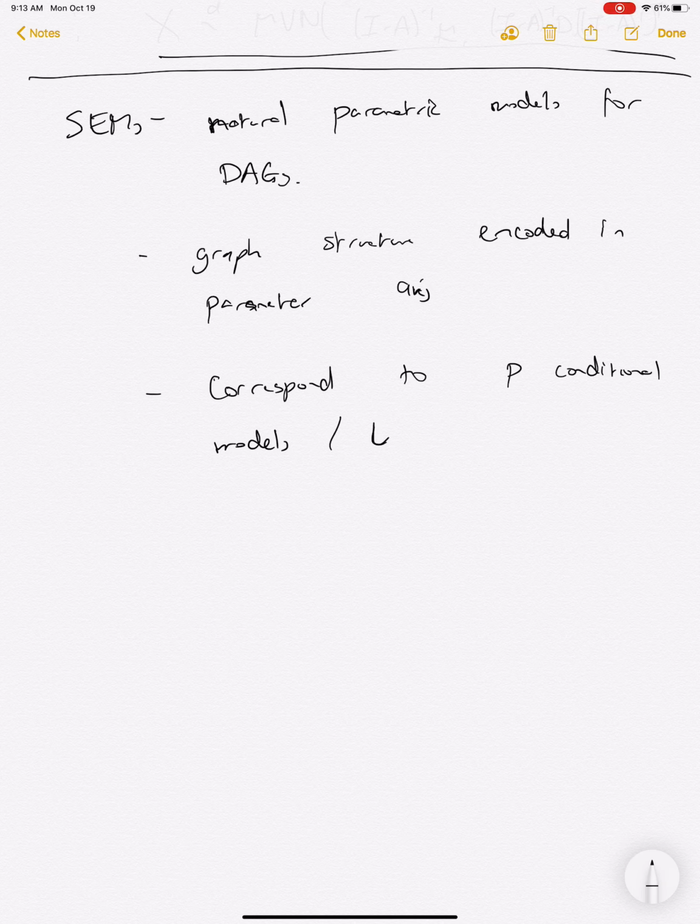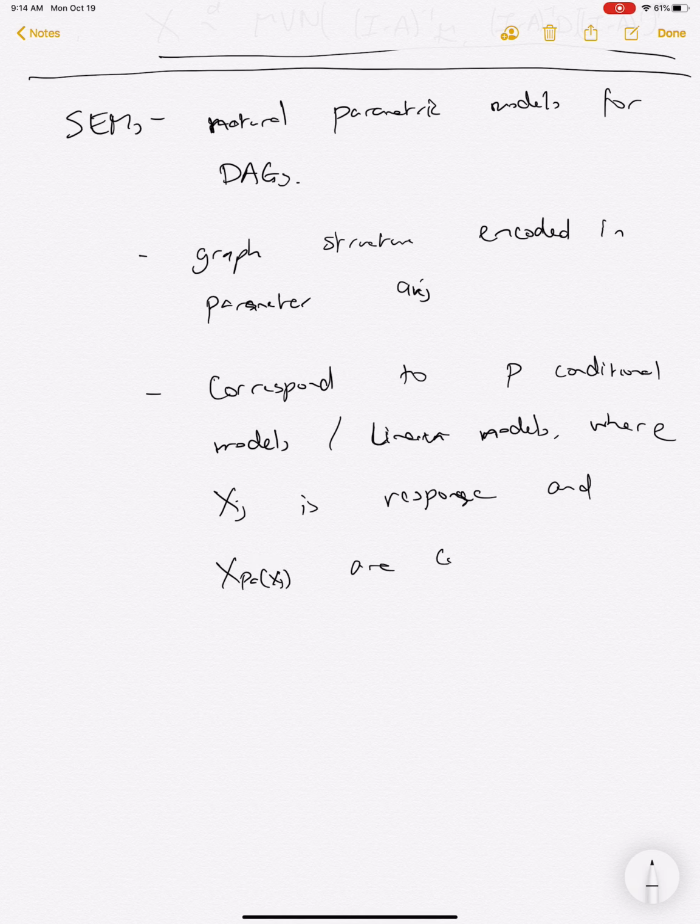I've shown them so far with linear models, but I'll show you shortly that they extend to GLMs as well. So p linear models, where xj is the response and the parents of xj are the covariates or features.